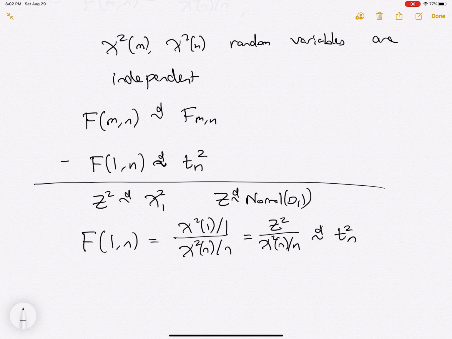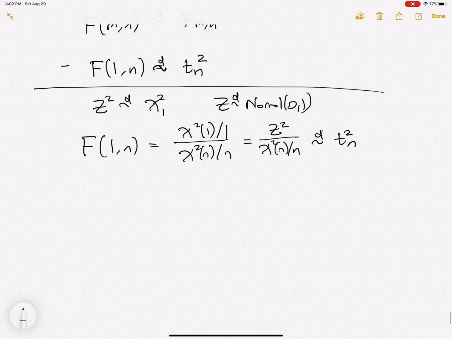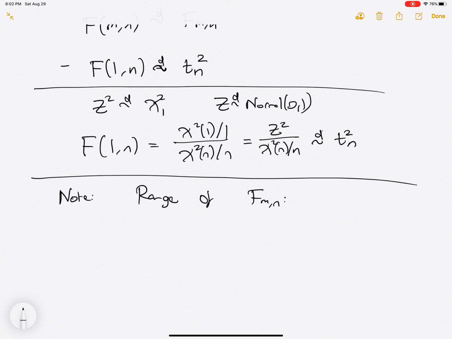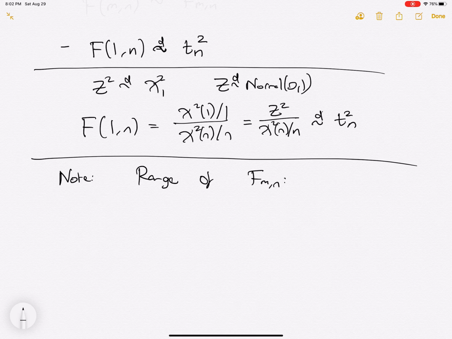Once again, you can see that the range here is 0 to infinity, because we're dealing with the square of a random variable.